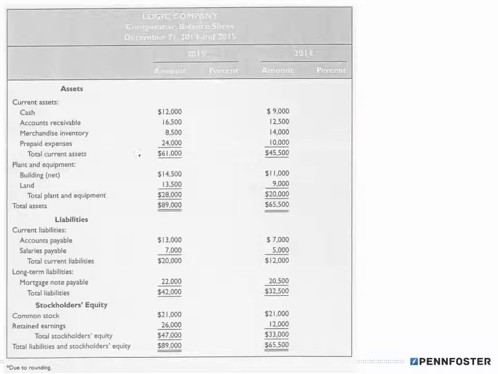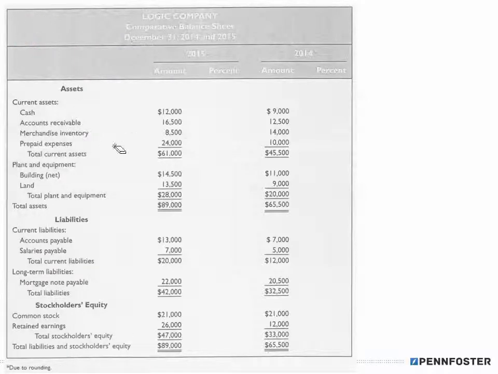Now the next question becomes, how do we know what our base percentage is? What's going to go in the denominator? Remember, on the balance sheet, assets is equal to liabilities plus owner's equity. So it makes sense that our total assets should be 100%, and our total liabilities plus equity should be 100%. So that's what we're going to use for those bases.